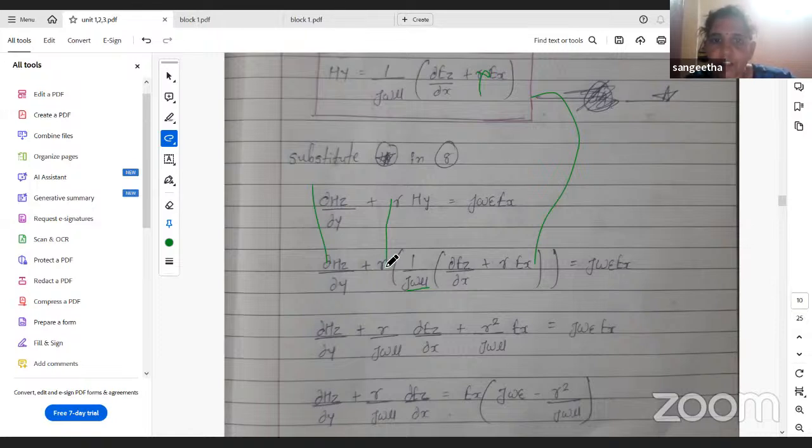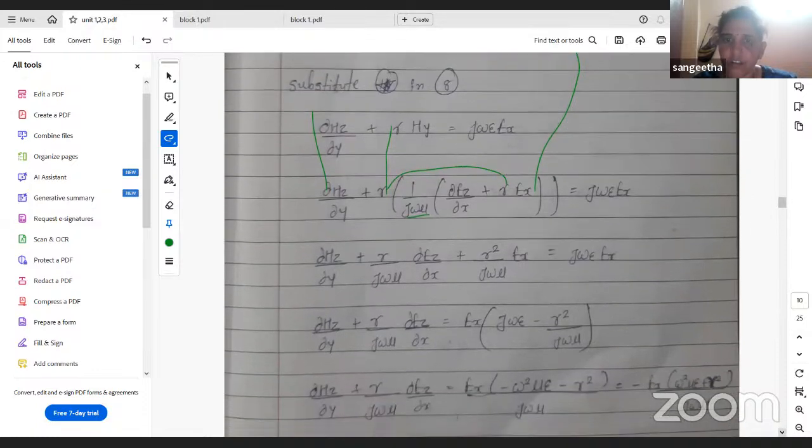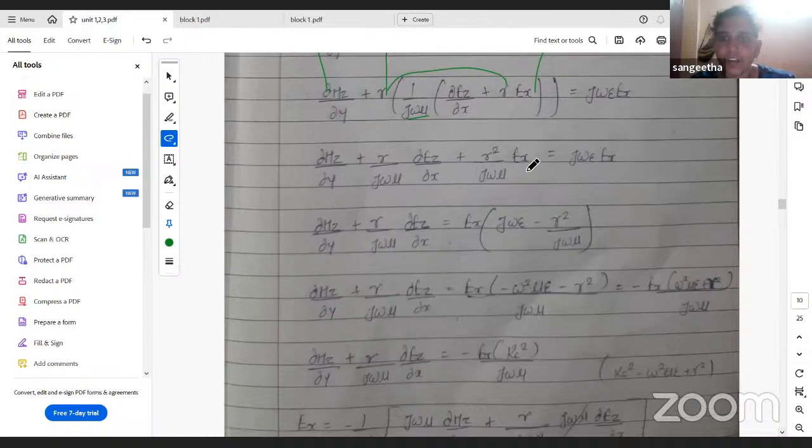The next term is gamma into gamma, gamma square by j omega mu Ex, equal to j omega epsilon Ex. From this equation I am calculating Ex. Just cross check how I calculated. This step is as it is, this step is as it is, and this one is brought to the RHS.